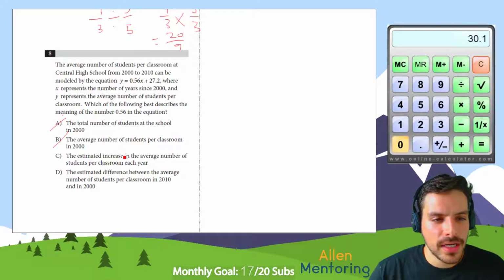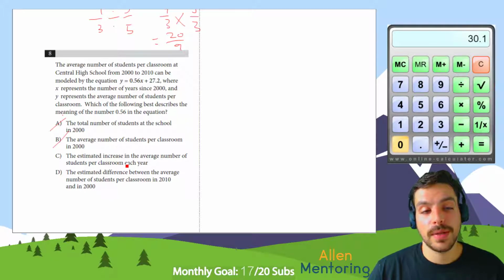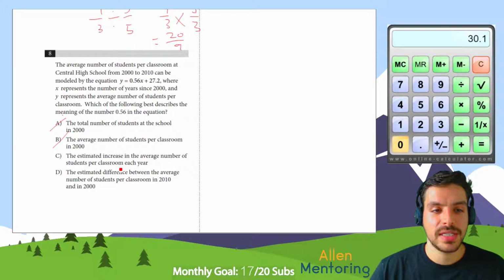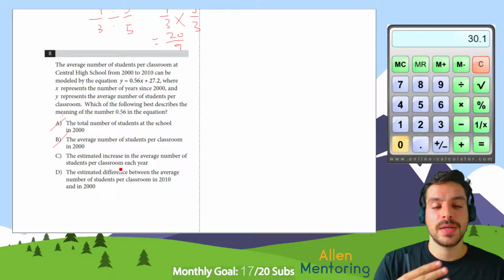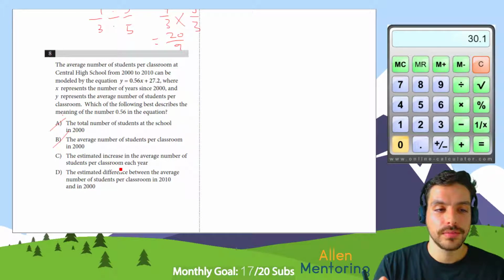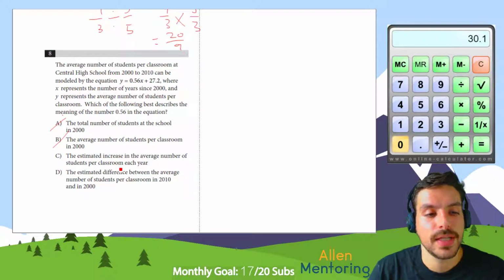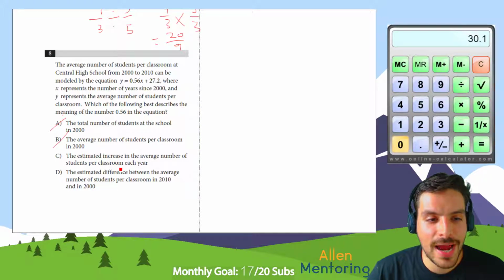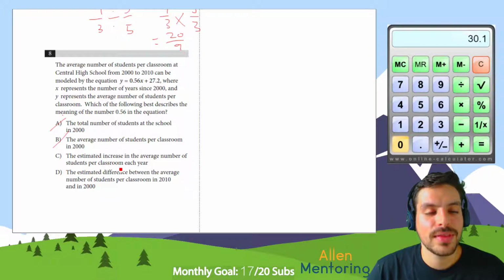C, the estimated increase in the average number of students per classroom each year. That seems a little bit closer to what we're looking for, because it relates to how something increases per year. Let's look at D, the estimated difference between the average number of students per classroom in 2010 and in 2000. That's probably not it, because that seems like a constant.